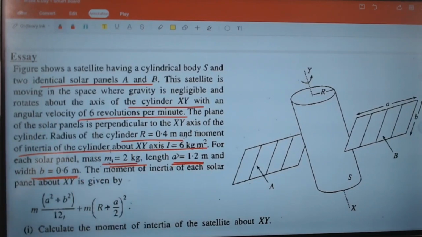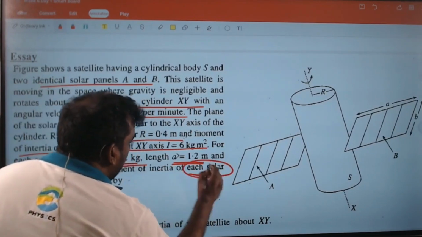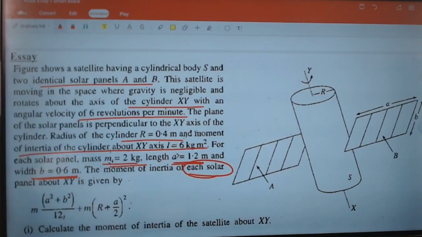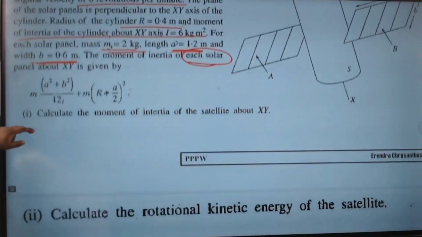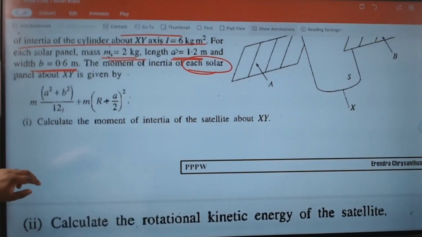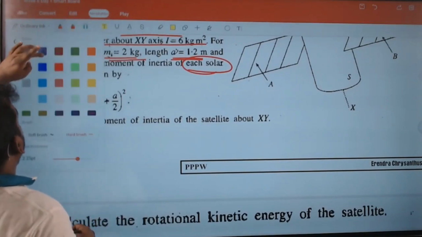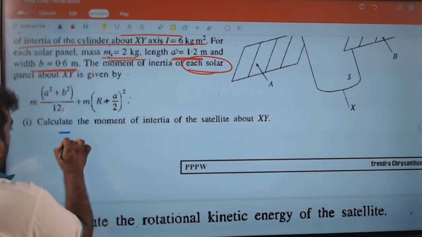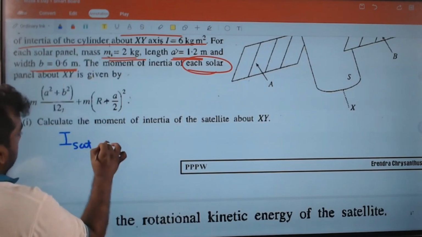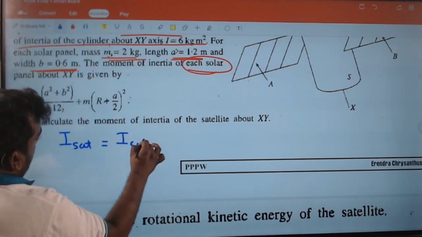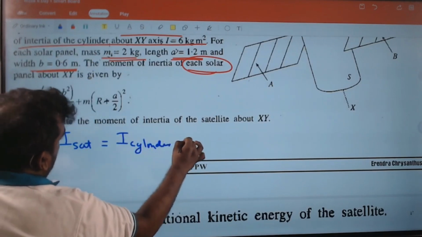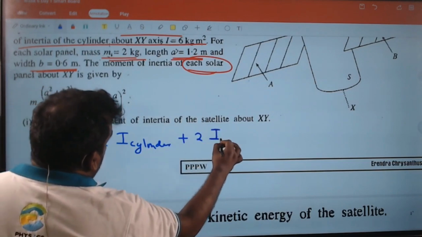The moment of inertia of each solar panel is given by this equation. Calculate the moment of inertia of the satellite about XY. Right, okay, simple. Moment of inertia of the satellite is moment of inertia of the cylinder plus 2 times moment of inertia of panel.